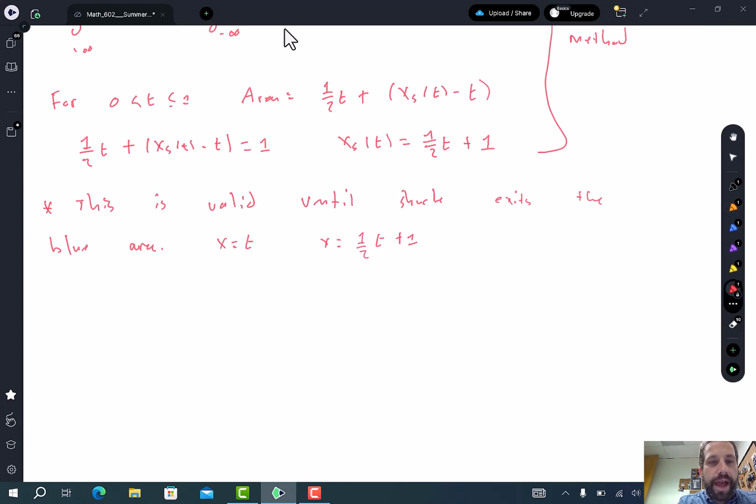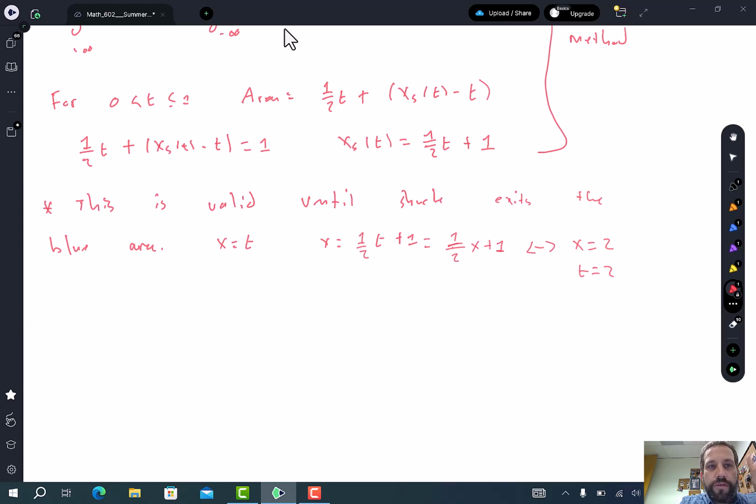On the line x equals t, I'm just going to make this 1/2 x plus 1. If I solve this for x, I get x equals 2. And if x is equal to 2 and it's on the line x equals t, t is also going to be equal to 2. So this is valid from time t equals 0 until time t equals 2.